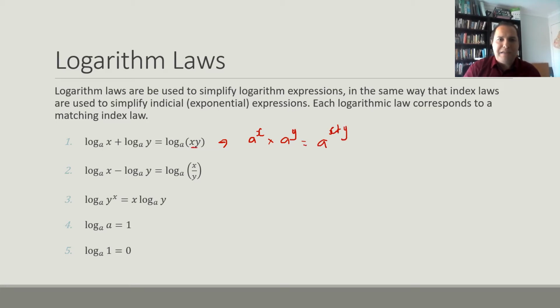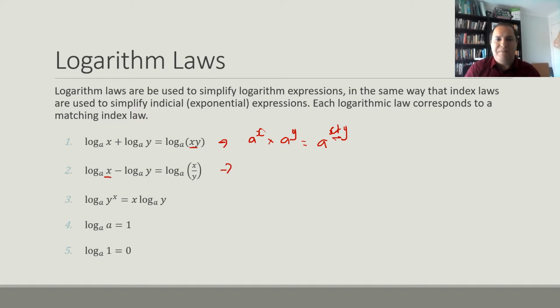So we've got x times y here, and x and y multiplied here, and then log x plus log y, just like we do in our power. In that same sort of way, addition and multiplication go together, and in our second log law, subtracting our logs means we can divide our values.